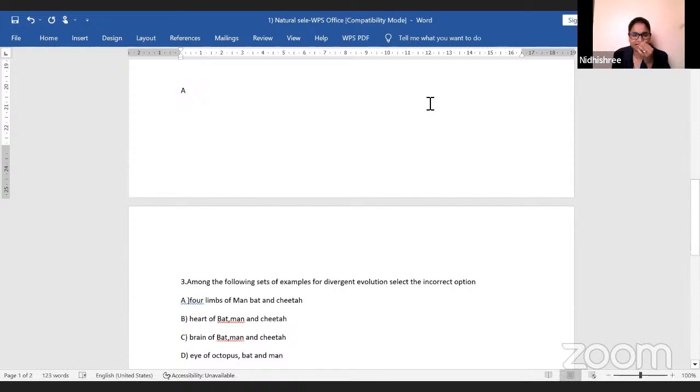Next, third question goes like this, guys. Among the following sets of examples for divergent evolution, select the incorrect option. Option A, forelimbs of man, bat and cheetah. B, heart of bat, man and cheetah. C, brain of bat, man and cheetah. D, eye of octopus, bat and man. 5, 4, 3, 2, 1.